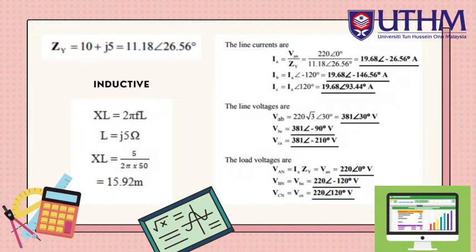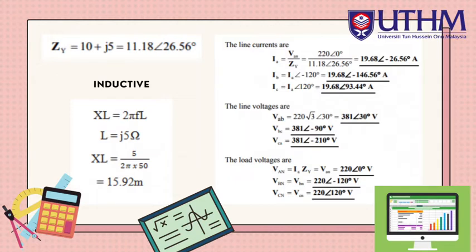To search for the line currents, for IA, we use VAN over ZY, which is 220 over 11.18 with an angle of 26.56 degrees, which equals 19.68 with an angle of negative 26.56 ampere.